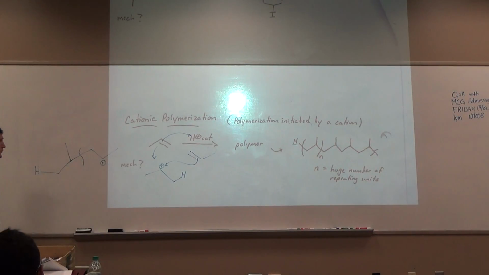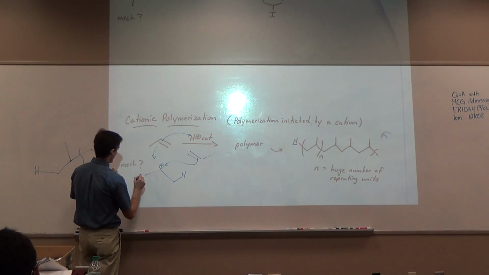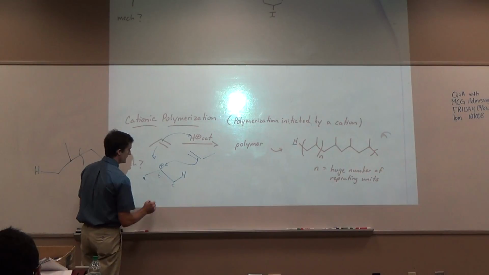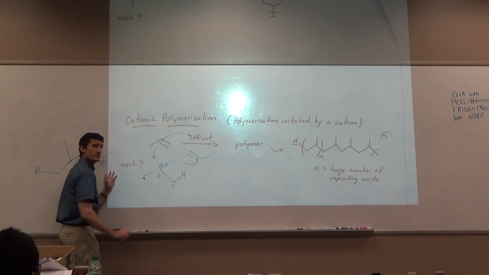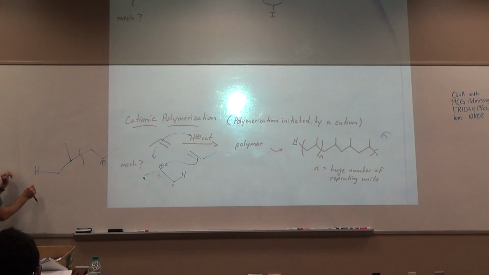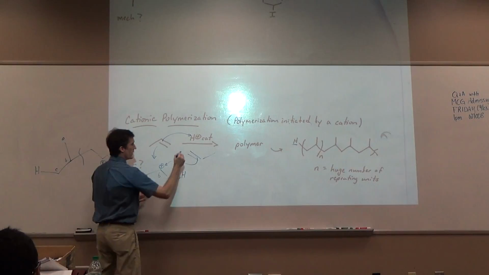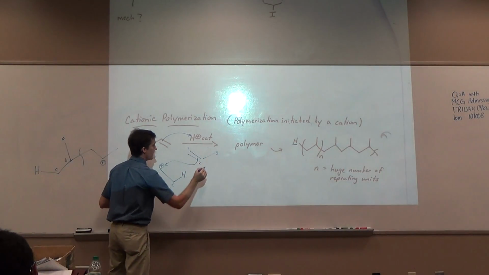This bond just formed. Because if we letter this here A, B, C, isn't this making a bond to B? A, B, C. That's the original A, B, C. We call this 1, 2, 3.